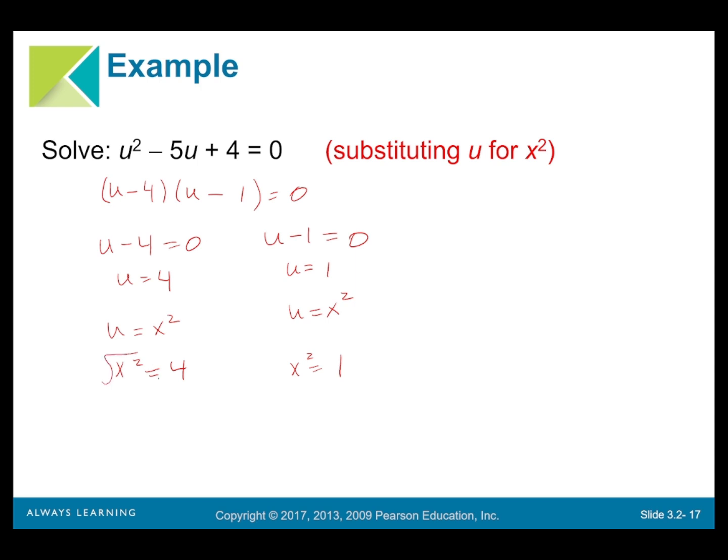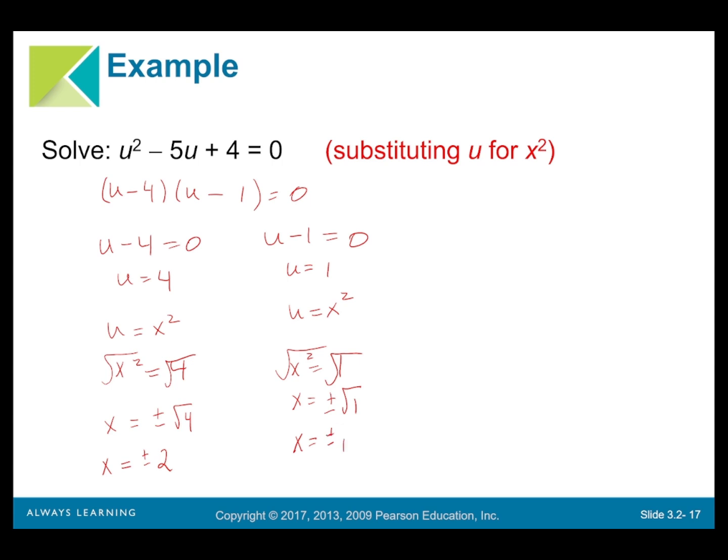Okay, so now all I got to do is square root both sides, and I get x equals plus or minus root 4. And on the right-hand side, I get x equals, again, square rooting both sides, plus or minus root 1. And both of those are squares that reduce. I can get x equals plus or minus 2, and I get x equals plus or minus 1.